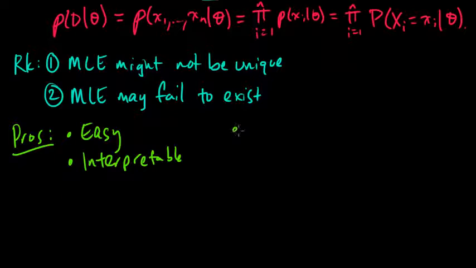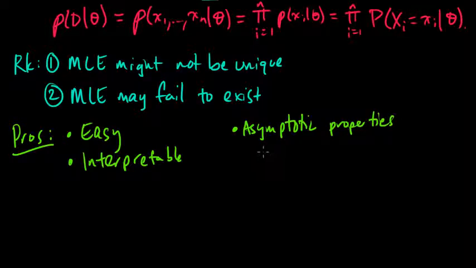Another pro is that it has some nice asymptotic properties. So, for example, I'll just list a few here. It's consistent, and I haven't defined that, but basically that means that as n goes to infinity, as the number of points that you observed goes to infinity, then it converges to the true value of theta with high probability, or with probability 1, actually.